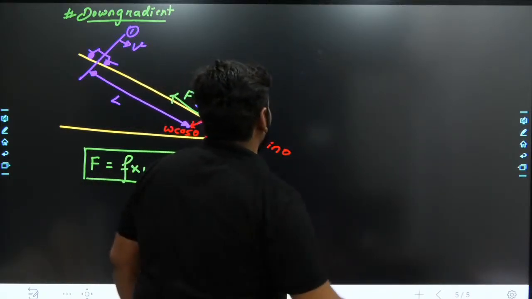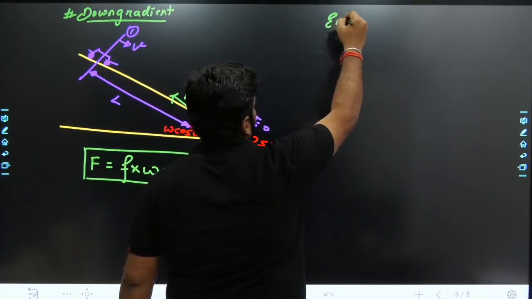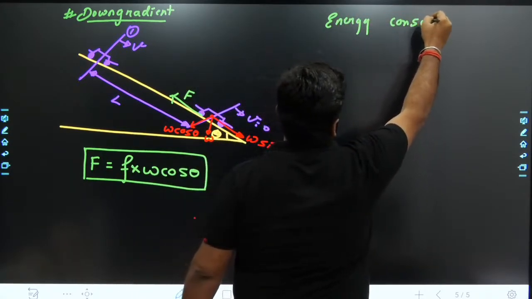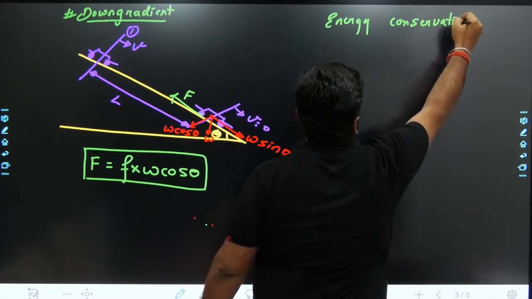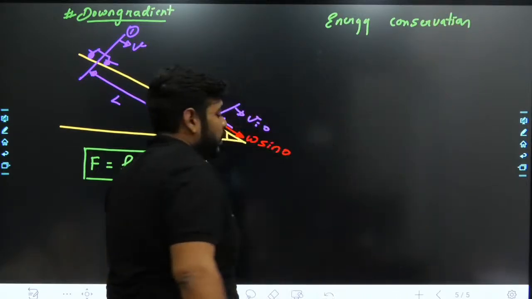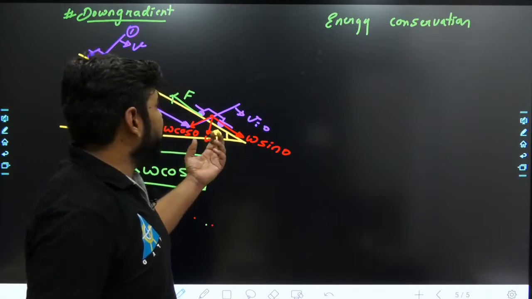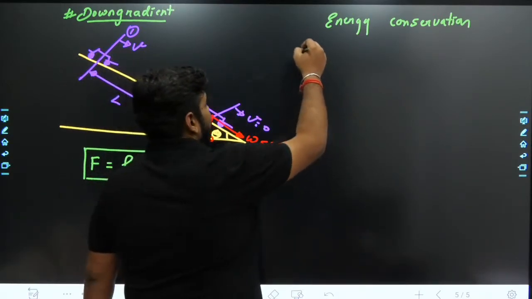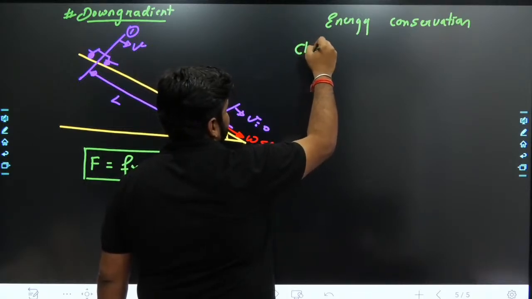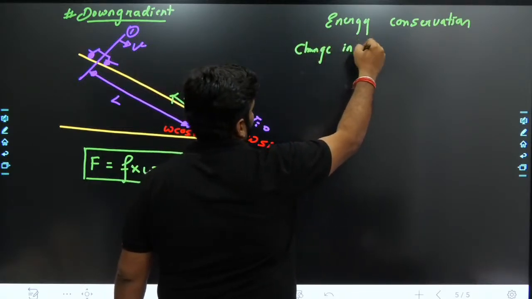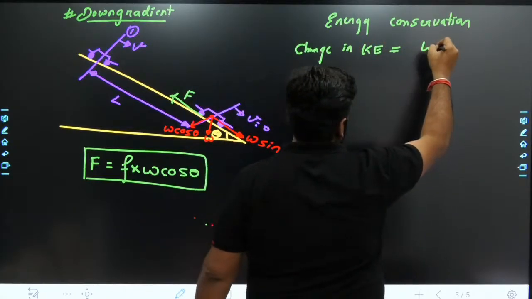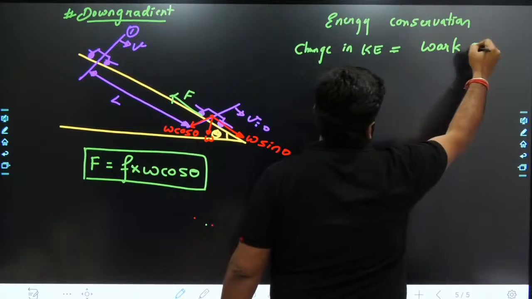What we'll do is again apply the energy conservation here. If we apply the energy conservation, you can see that the change in kinetic energy is equal to work done.